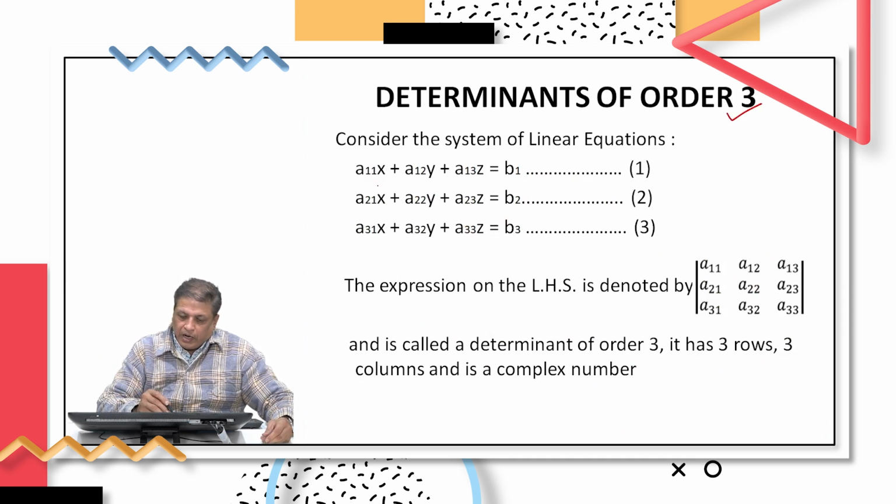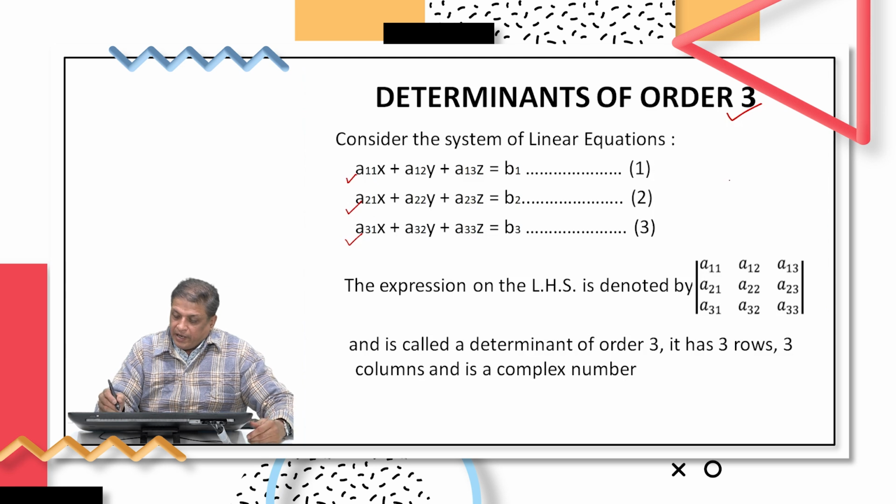Now over here we have three equations: a11x plus a12y plus a13z is equal to b1, a21x plus a22y plus a23z is equal to b2, a31x plus a32y plus a33z is equal to b3.